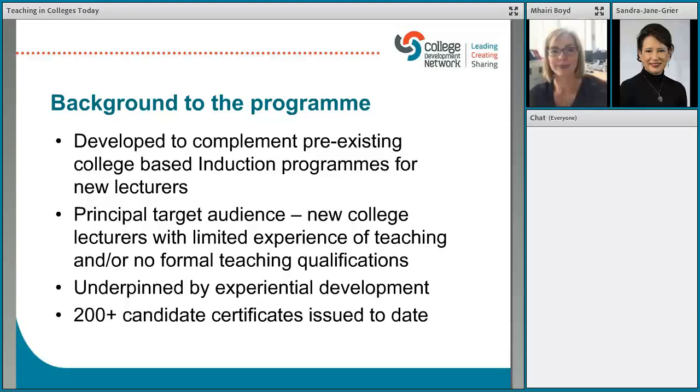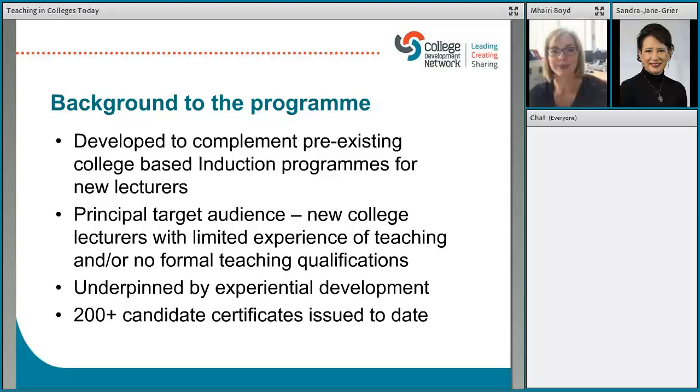So as such, the primary focus of TiCT could be seen as providing an accessible entry route into career-long professional learning and a way to help any new lecturers within your college get up to speed quickly and develop their skills, confidence and abilities to plan, prepare and effectively deliver high-quality learning, teaching and assessment experiences.